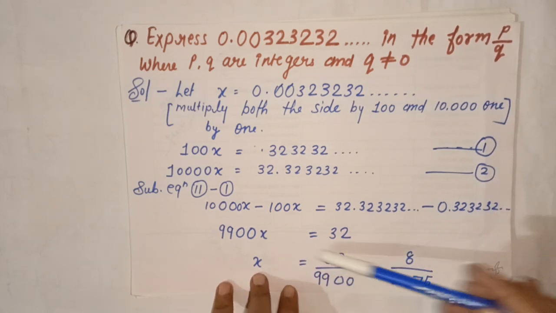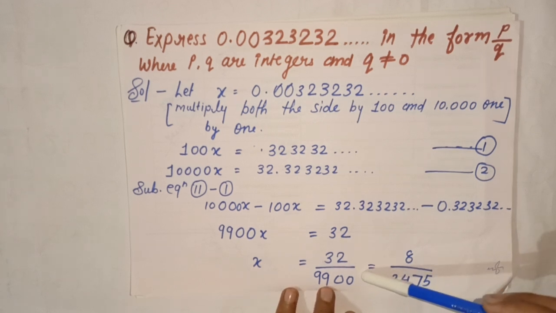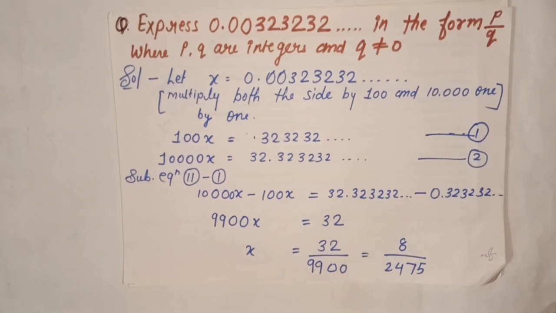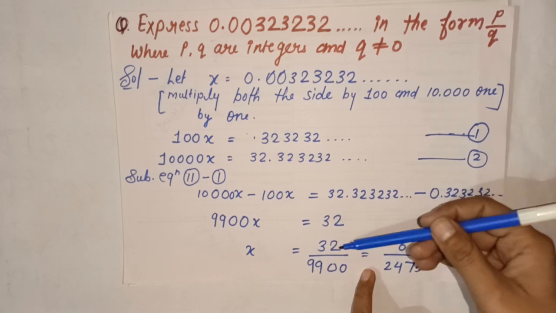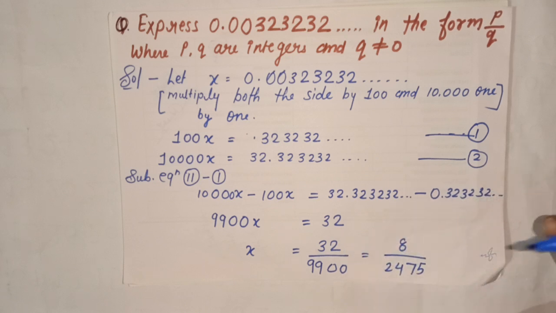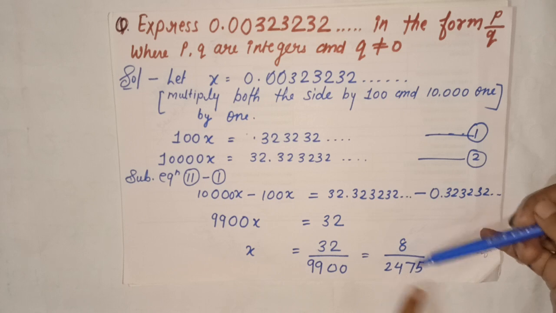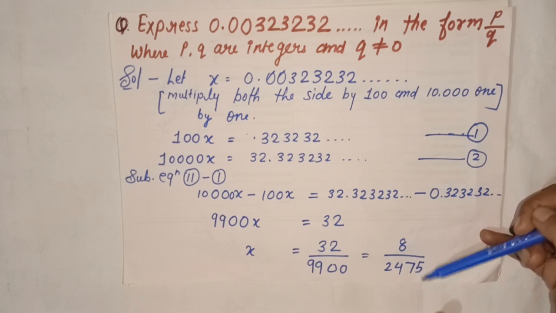So x is equal to 32 upon 9,900. As both of these are even numbers, we can divide them. So we divide by 4, and we will get 8 upon 2475.